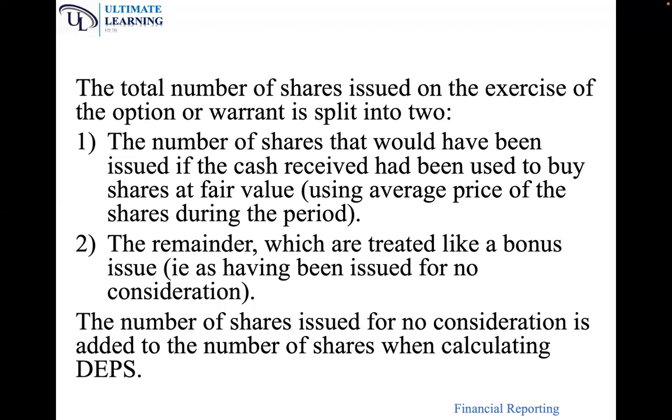So as the issuer of the shares, I will lose as a company because I'm giving this option at 800. The person buying is benefiting, but me as the issuer, I'm losing. So that free rate is how much? 200 that I'm losing. So that is the remainder, which is treated like a bonus.